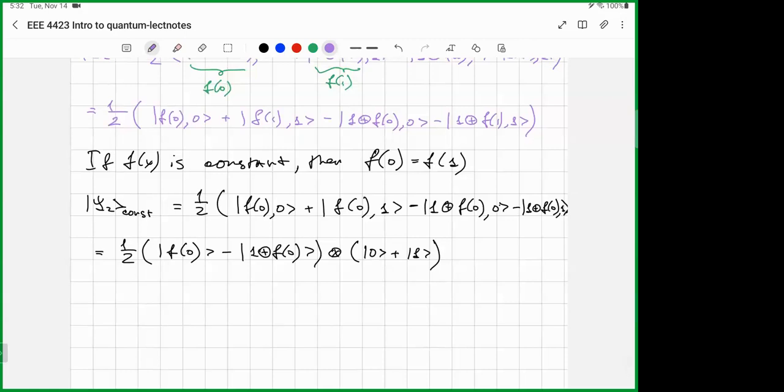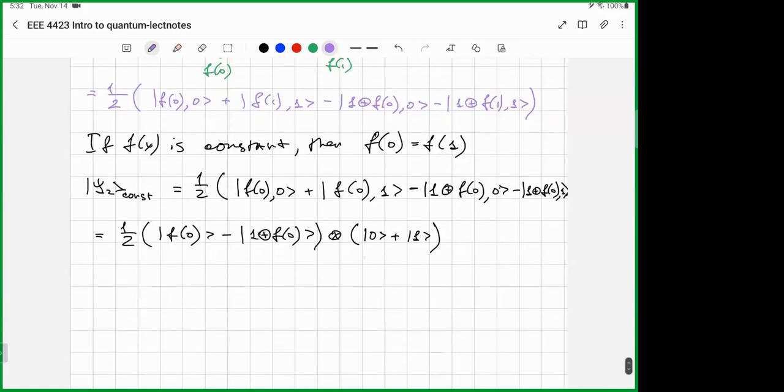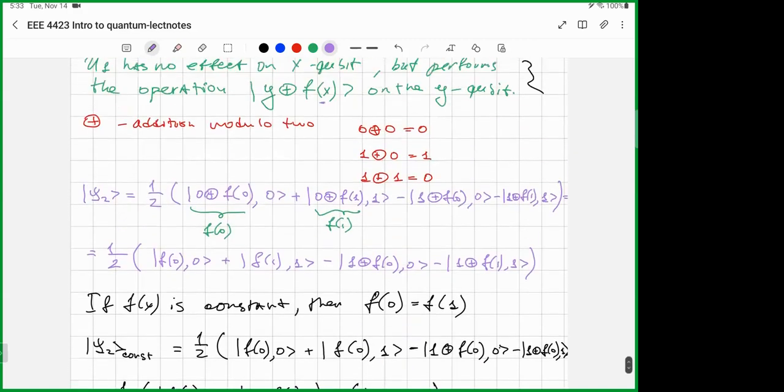All right, so now we can see that in the end the state of the first qubit, the upper qubit, is the Hadamard state, right? The superposition state. And if I apply the Hadamard gate to the first x qubit, it will give me the state 0.